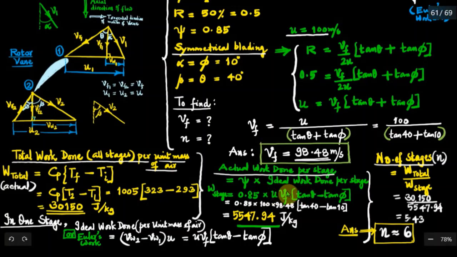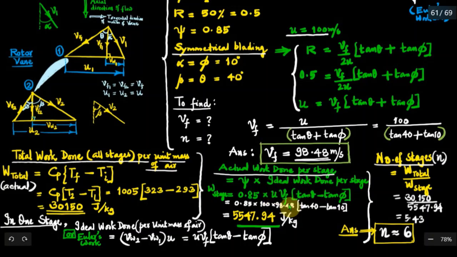So here VW2 minus VW1, those whirl component of velocities, if you express in terms of flow velocity and the vane angles, you can express this in the form U into Vf into tan theta minus tan phi. This we derived during the previous lectures. So the ideal work done per stage or Euler's work done per stage per unit mass of air is equal to U into Vf into tan theta minus tan phi.